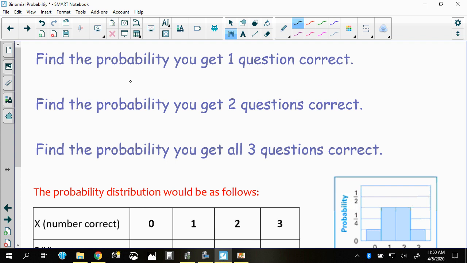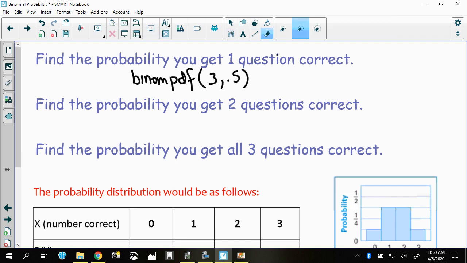Okay, so probability of getting 1 question correct. So go in and do the same thing. You do your binomial PDF, and you're going to put in 3 for the number of trials, 0.5, and then you're going to put a 1 in there instead of a 0.